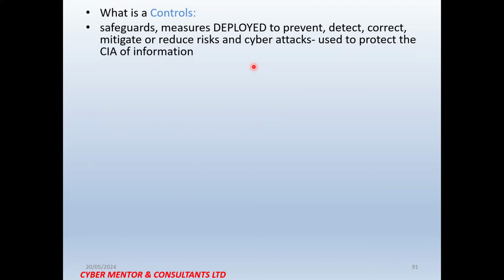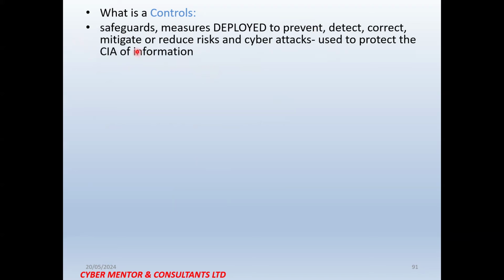Everything we do in cybersecurity to protect our information, data, and sensitive data, we use controls to do it. When we talk about cybersecurity, it's the preservation of the confidentiality, integrity, and availability of information.